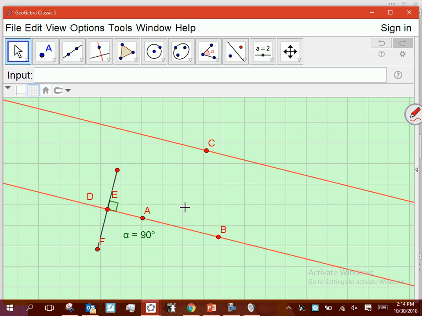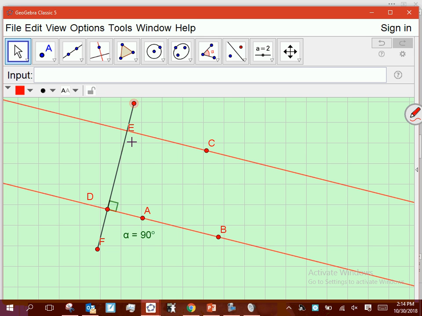Would you guys agree that that transversal is perpendicular to the bottom one? The idea then is, if these two lines were parallel, shouldn't the 90-degree angle and the angle my cursor is on be supplementary, because they're same side interior? So if one of them is 90, what's the other one going to be? 90. And if that's a 90-degree angle where my cursor is, by definition the black line and the top red one have to be what to one another?